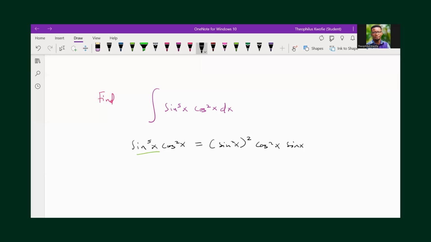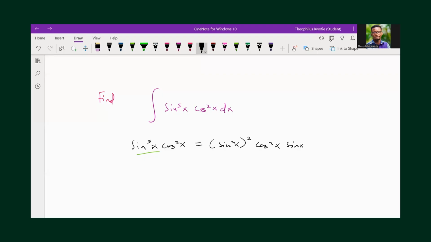As I mentioned, the general thing that we try to do is that anytime you have an integral involving powers of sine and cosine, we try our best to ensure that we have only one sine factor and the remainder of the expression in terms of cosine, or only one cosine factor and the remainder of the expression in terms of sine.